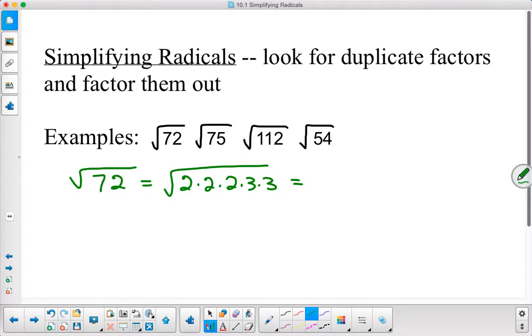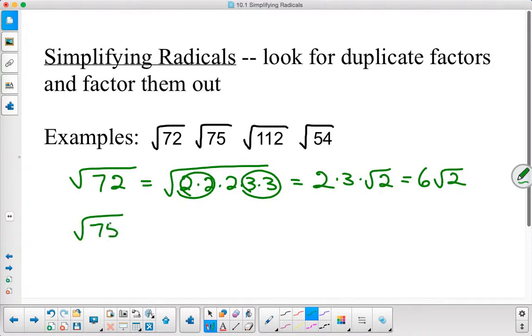There's a pair of 2's, there's a pair of 3's, and there's an extra 2. Square root of 75. Factor.